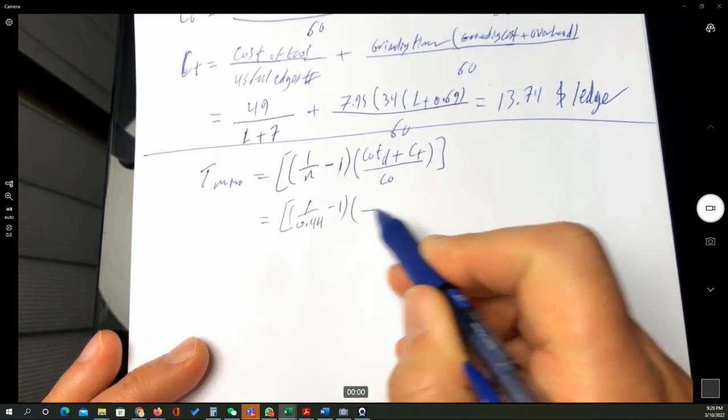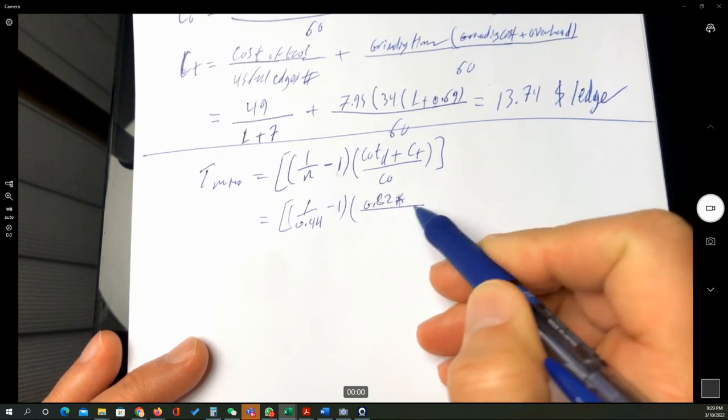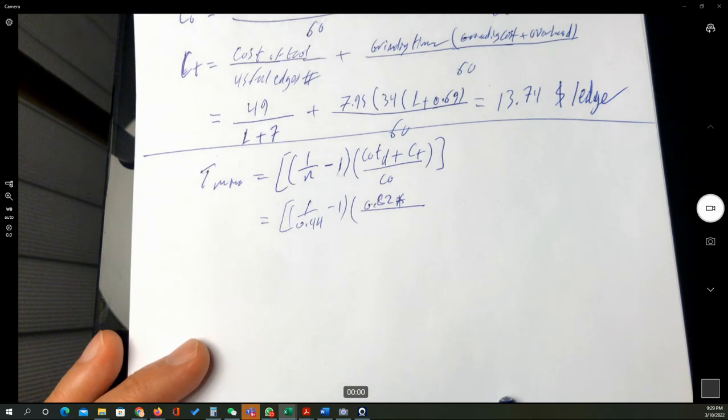And the second one is going to be the CO, which is 0.82, multiplied by the TD, the time to change the cutting edge, which was 3 minutes.